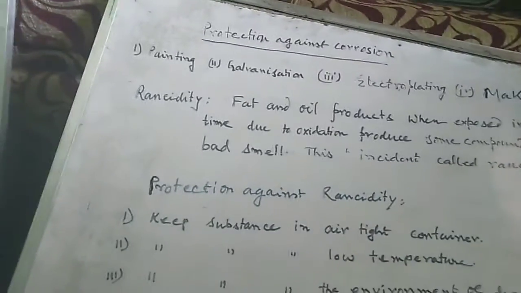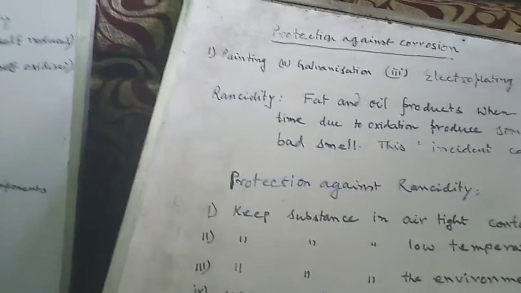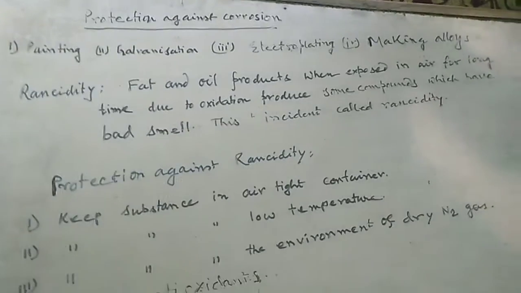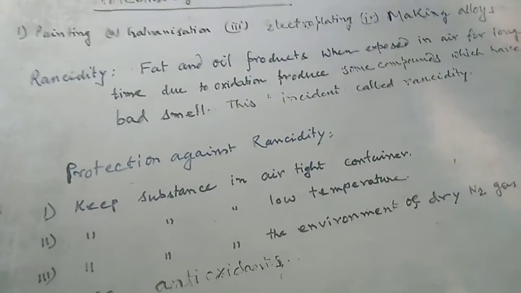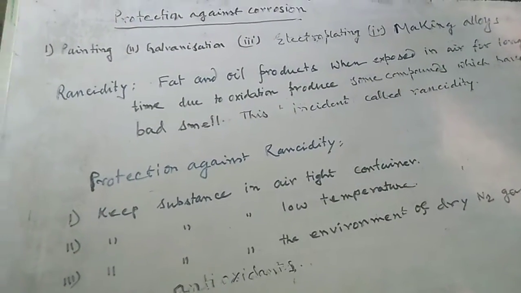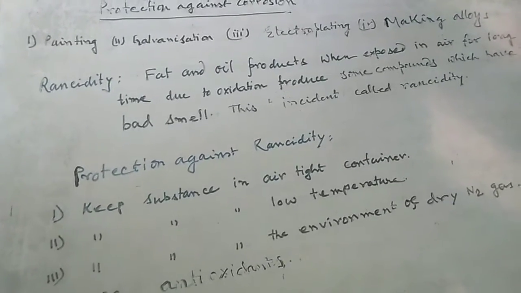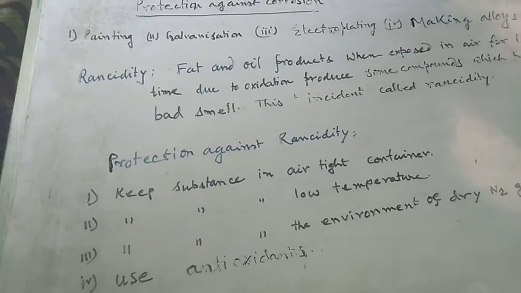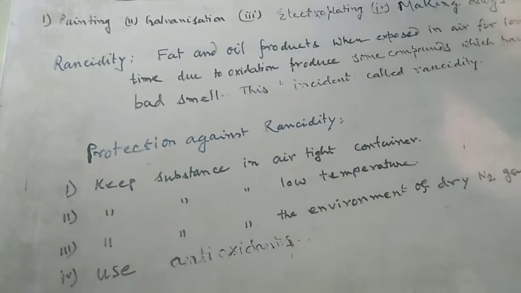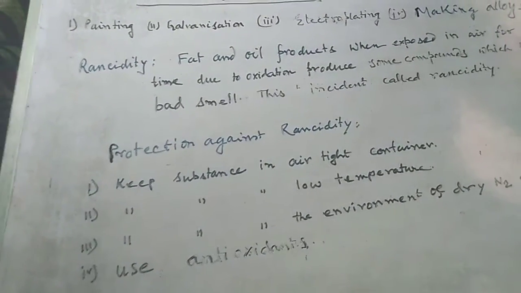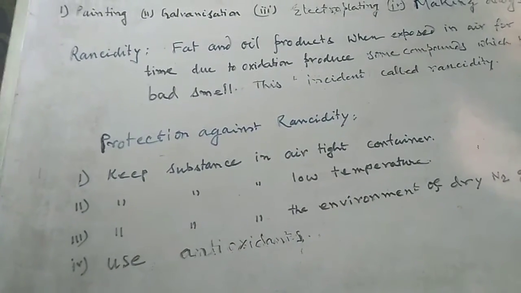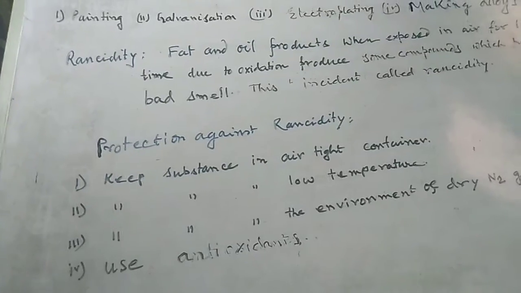If you keep fat and oil products for a long time in the air, you can observe a bad smell coming out, and that is why the chips packet is flushed with dry nitrogen gas, so that the chips fried in oil can be kept for a long time without becoming rancid.